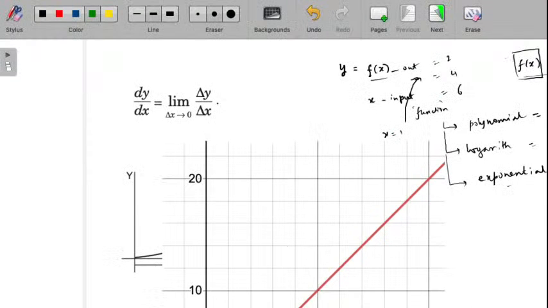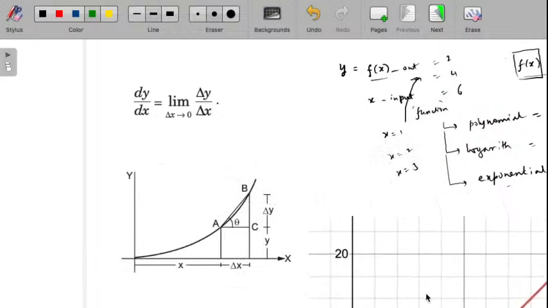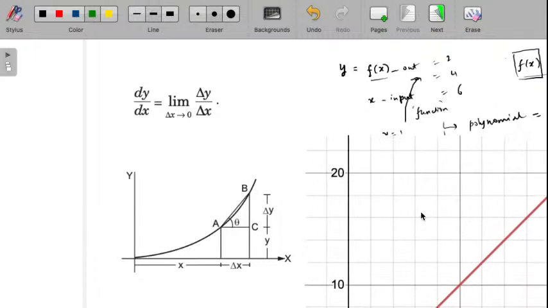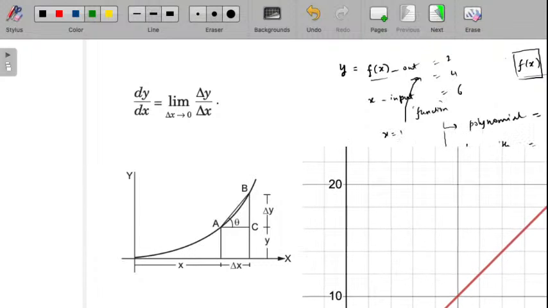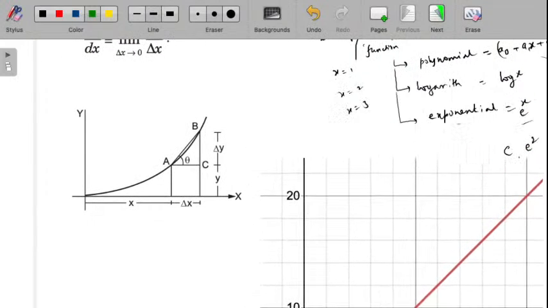As we would understand, in this particular graph here, we can notice this is the del x, change in x.